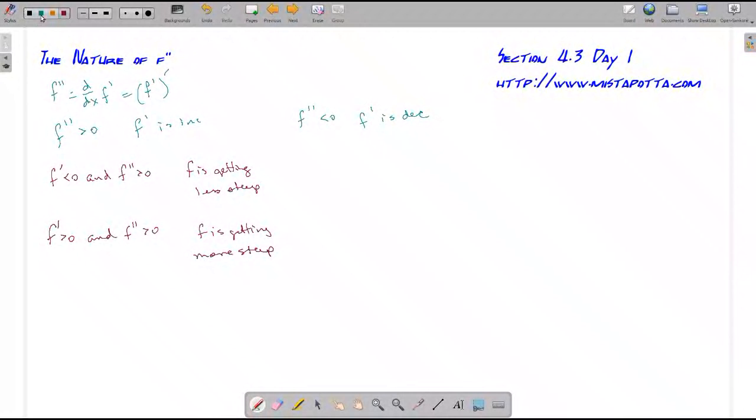If I take a look at it from the situation where I'm looking at my second derivative being less than 0, if my first derivative was already negative and my second derivative is negative, that means I'm dealing with negative slopes, and they're getting smaller. They're getting more towards negative infinity. So my graph is getting more steep.